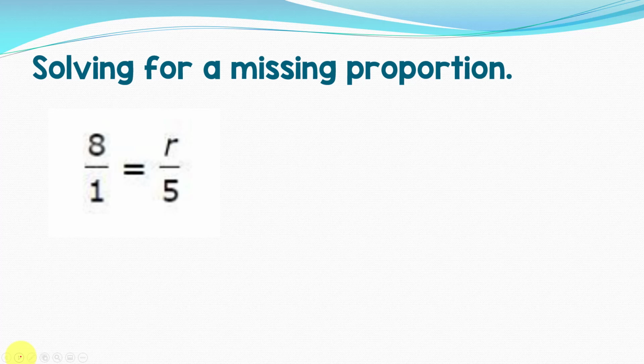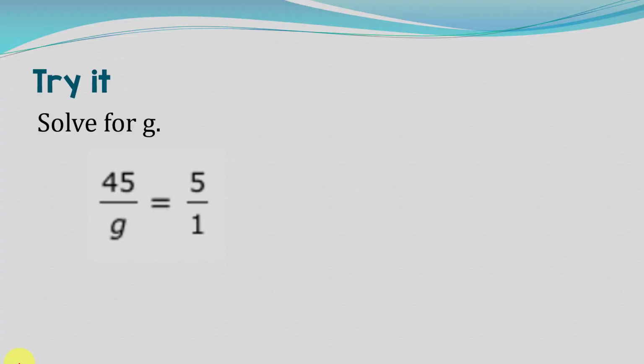All right, if we have a missing value, so we say 8 is to 1 as what is to 5. All right, well, I'm going to just cross multiply these. So 1 times r is r. 8 times 5 is 40. And this would be r equals 40. There's another one. Just cross multiply.